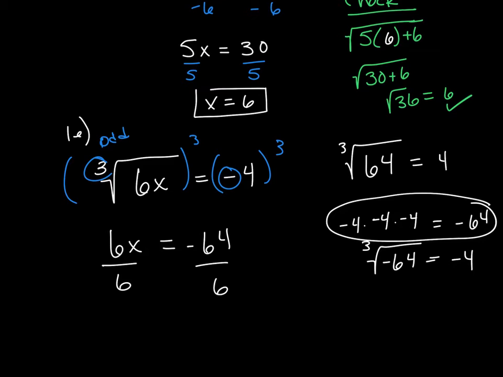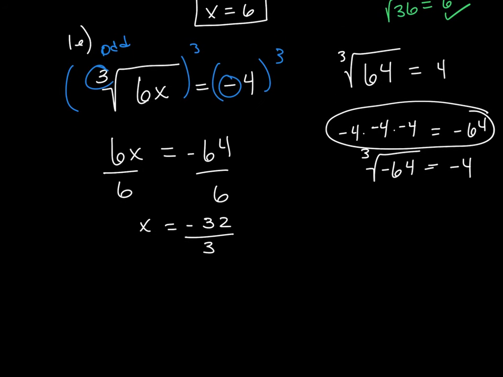And that doesn't go evenly, but you want to reduce that. They're both divisible by 2. So that gives us negative 32 over 3 for our final answer there.